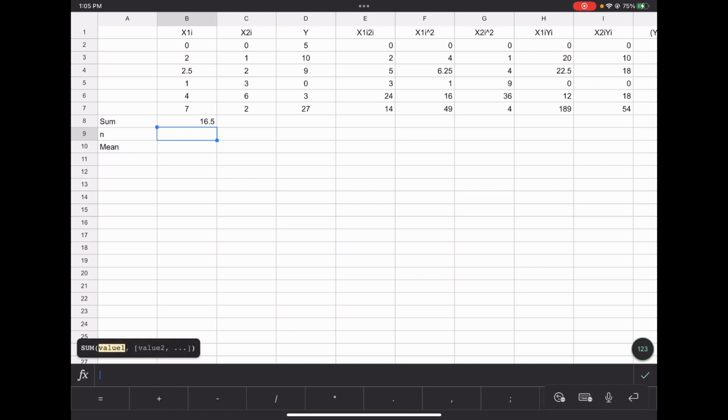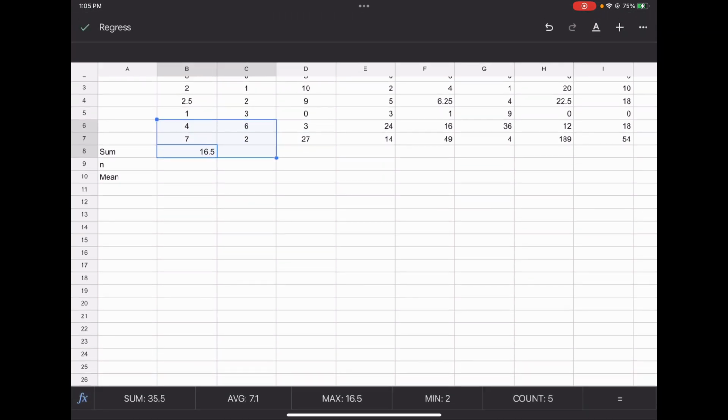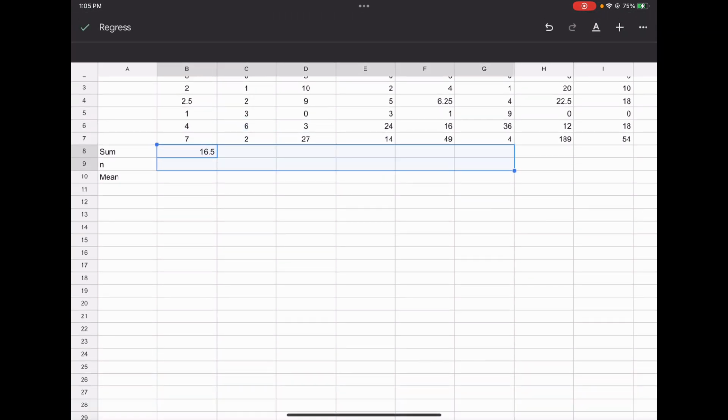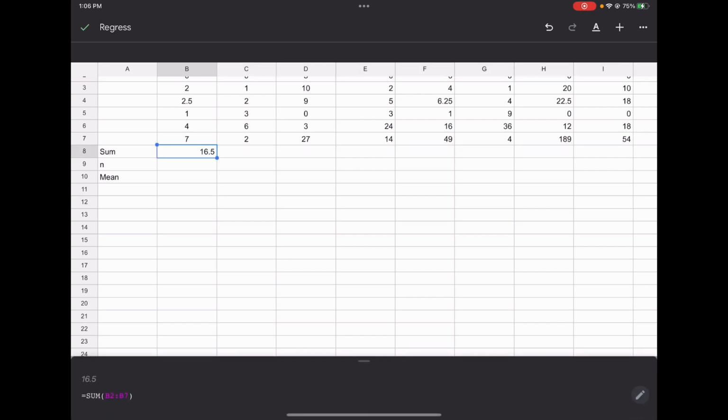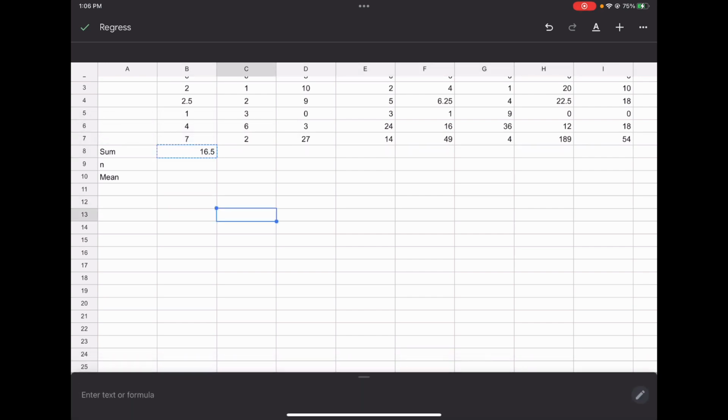So the sum for x sub 1 is that one. And I need to copy it.